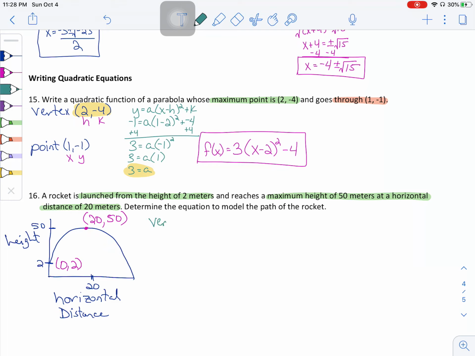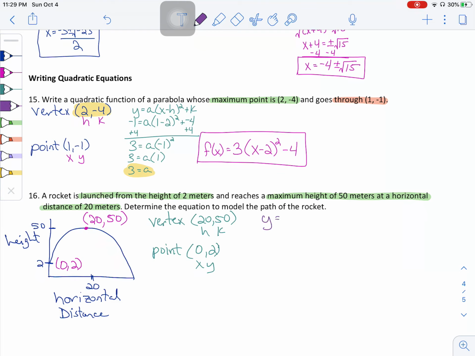So we have a vertex here of 20, 50, which would be our h, k value. And we have this other point, in this case the launch point of 0, 2, and that's your x, y. So we actually have the same information that we did in the last problem. I mean, obviously the numbers are different, but we have a vertex and a point.